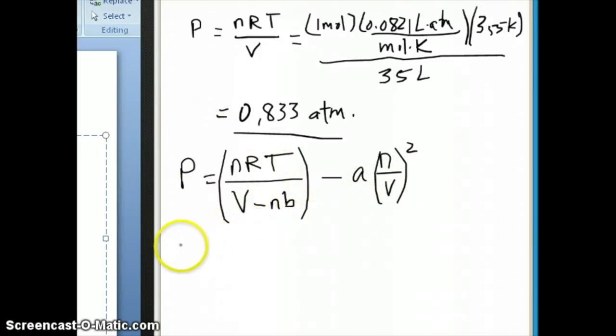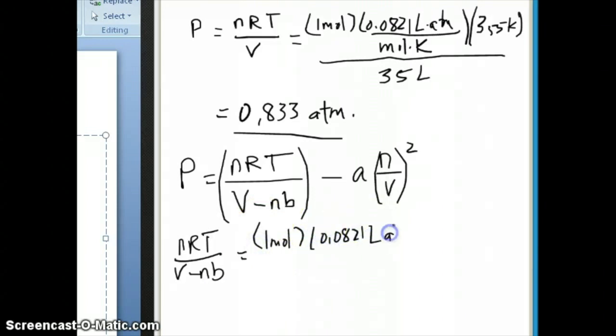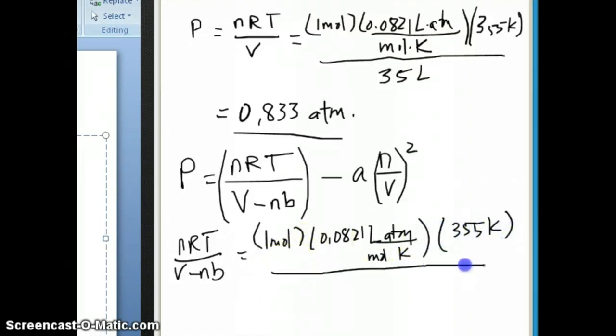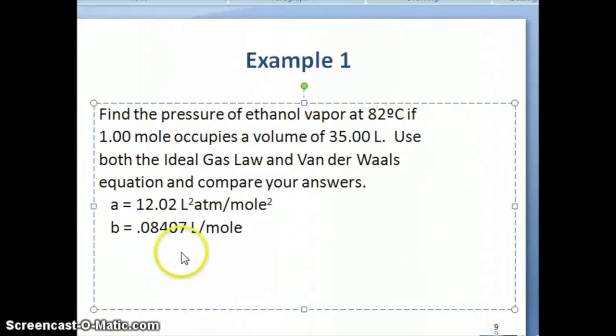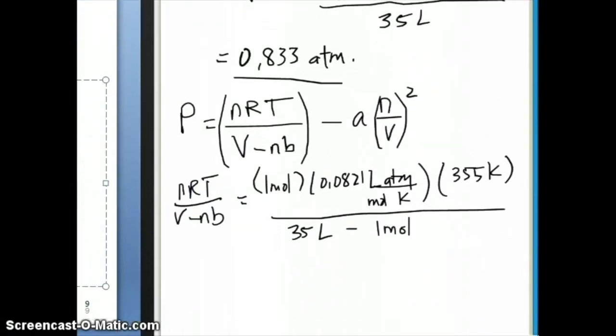So if I were to calculate the nRT over V minus nb first, I'm going to just plug in the numbers here. 1 mole again for n, and then 0.0821 liter atmosphere per mole Kelvin, and then 355 Kelvin is my temperature, and then the denominator in this case is volume, which is 35 liters, minus the n times b. So n is 1 mole, that's just the number of moles, and b in this case is given as 0.08407 liters per mole, so that's what I'm going to put in my numbers here.